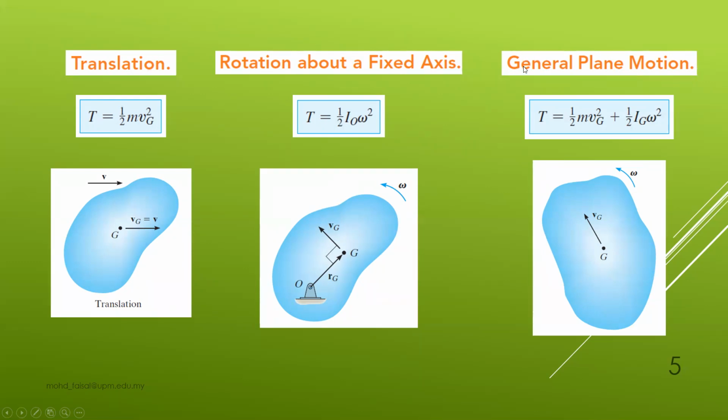A bicycle tire is under general plane motion because as the wheel of that particular bicycle is rotating, the whole bicycle itself is moving. So that's why you will have the translation and the rotation together. Rotation means it just rotates like down here. This lever here is rotating on this fixed point O.